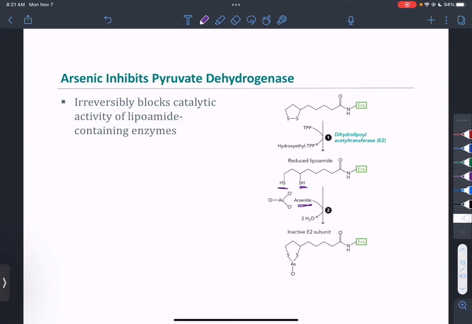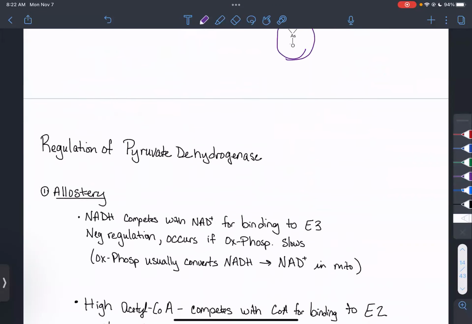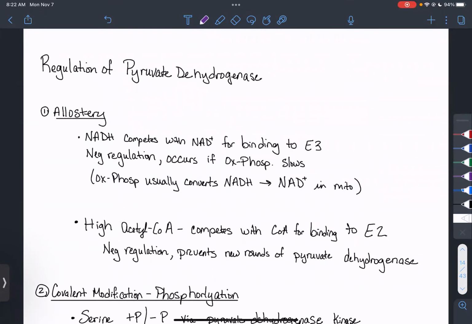And then instead of being able to regenerate them into a disulfide, now you've basically irreversibly bound to them, and the enzyme can't be regenerated, so you can't use it. So you can't make any more acetyl-CoA. It's very, very dangerous.